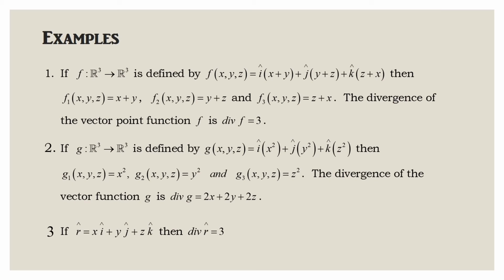The partial derivative of the second component with respect to y is also 1. Similarly, dou r3 by dou z, the partial derivative of the third component, is also 1. So the divergence of this vector field r cap is dou r1 by dou x plus dou r2 by dou y plus dou r3 by dou z, which equals 1 plus 1 plus 1, that equals 3. So div r cap is also 3.